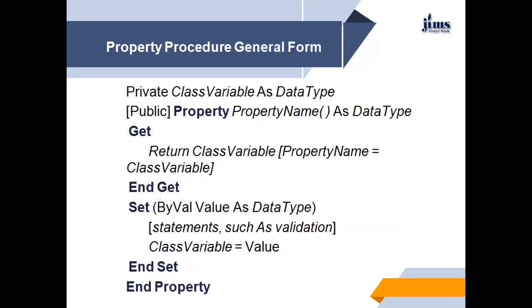Now, let's see the general form of a class: Private class variable As data type. These are the class variables, and since they are class variables, we declare them private. Now, Public Property name As data type, meaning you are making a public function. Get, Return class variable, that is one Get method. Now you can Set by value.